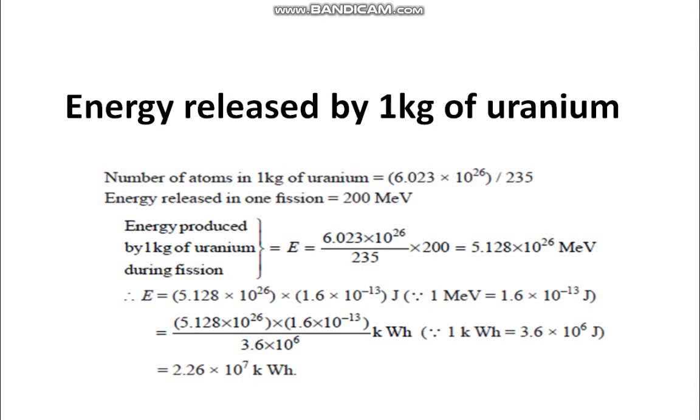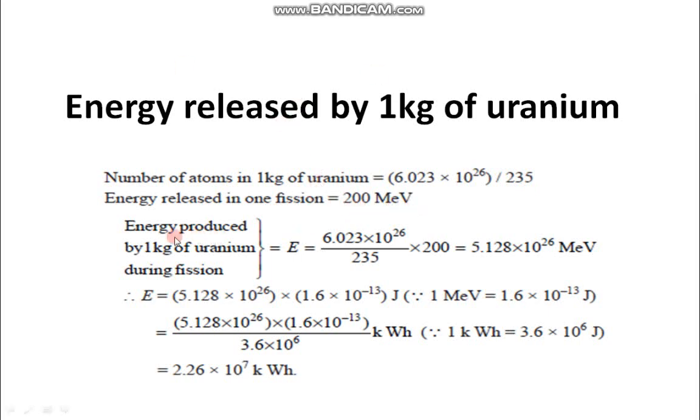For 1 kilogram, we have to multiply this with 1000, that is 10 raised to 3. So the number of atoms in 1 kilogram of uranium is equal to 6.023 into 10 raised to 26 divided by 235. We have already calculated the energy released in one fission of uranium-235 as 200 MeV.